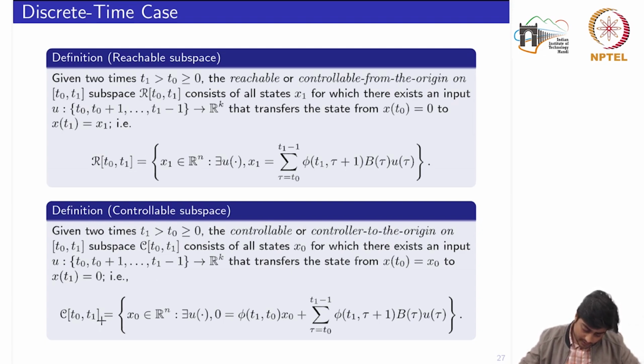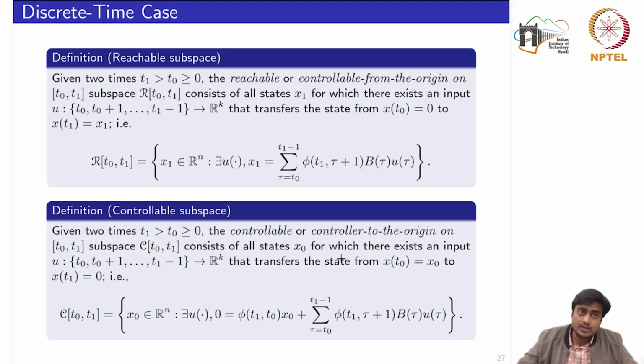In a similar way, we define the controllable subspace, where we want to form a set of all states x0 for which there exists an input u that transfers the state from x0 to the origin. So again there are two concepts.